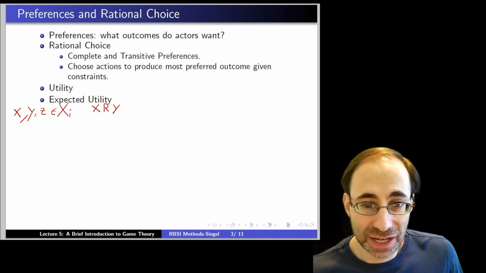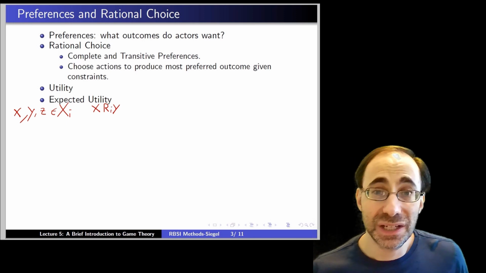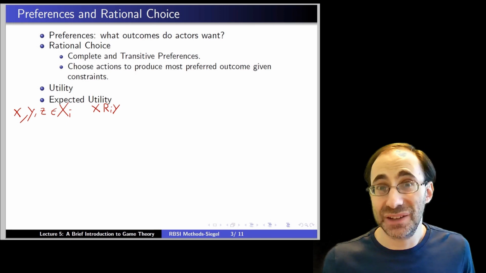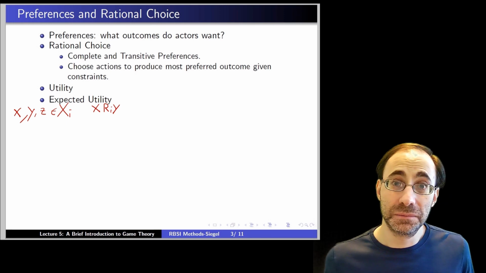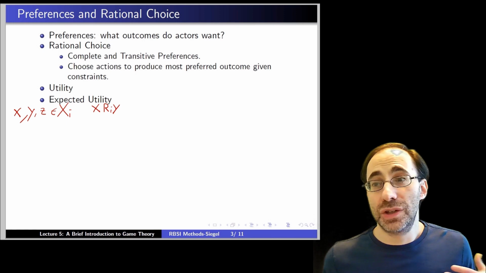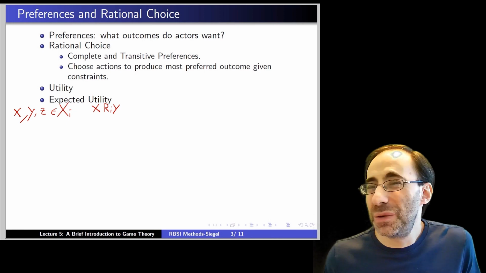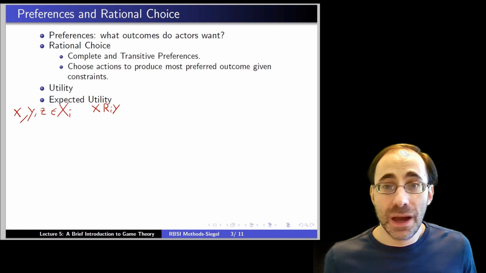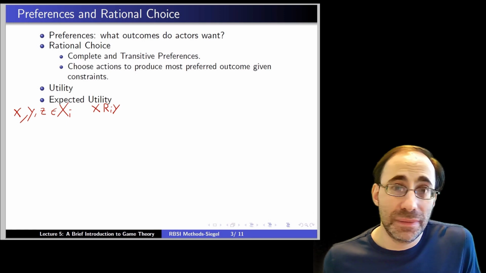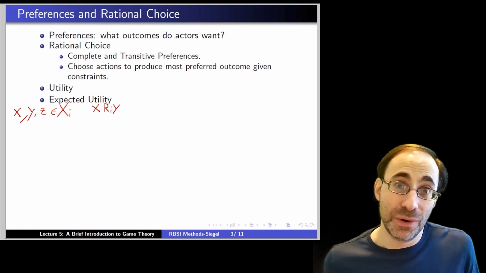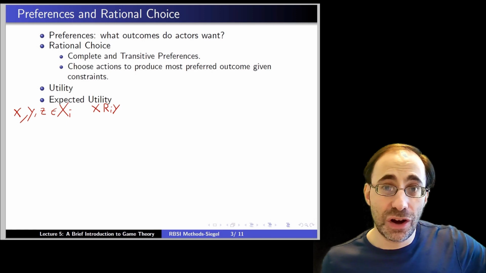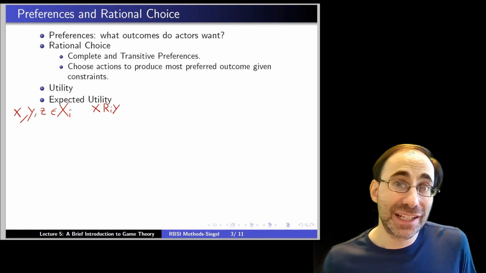If I want to be explicit, I can put a little sub i here, which means actor i likes x at least as much as actor i likes y. So that gives us a sense of a greater than or equal to relationship, right? Like, if I had a choice between x and y, I would choose x as much as y and possibly more. I would never potentially choose y and discard all possibility of choosing x because I like x at least as much as y.